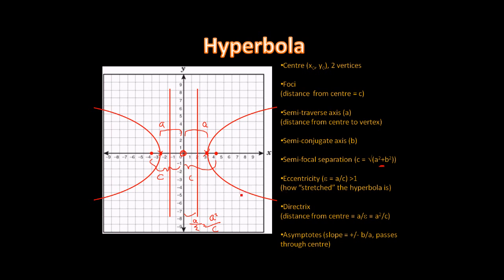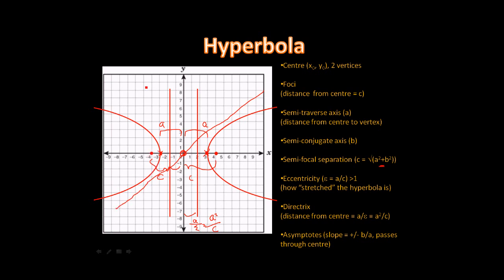Now in a hyperbola, there is an extra property which we call the asymptotes. The asymptotes are two straight lines with slope plus or minus b over a, and these two straight lines pass through the center. So in the graph, if I try to draw it, it will be something like this: a straight line passing through the center. So this is one of the asymptotes.